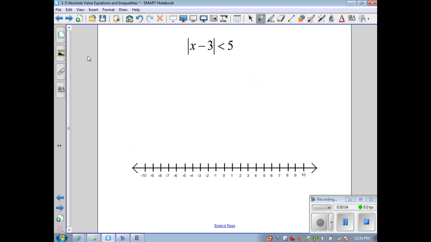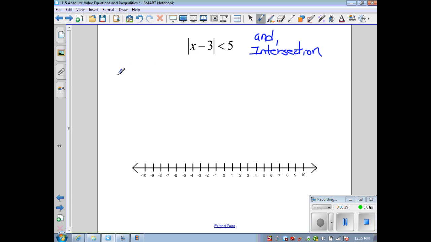Another example, the absolute value of x minus 3 is less than 5. The absolute value is less than 5, therefore this is an "and," also known as an intersection. Let's solve.